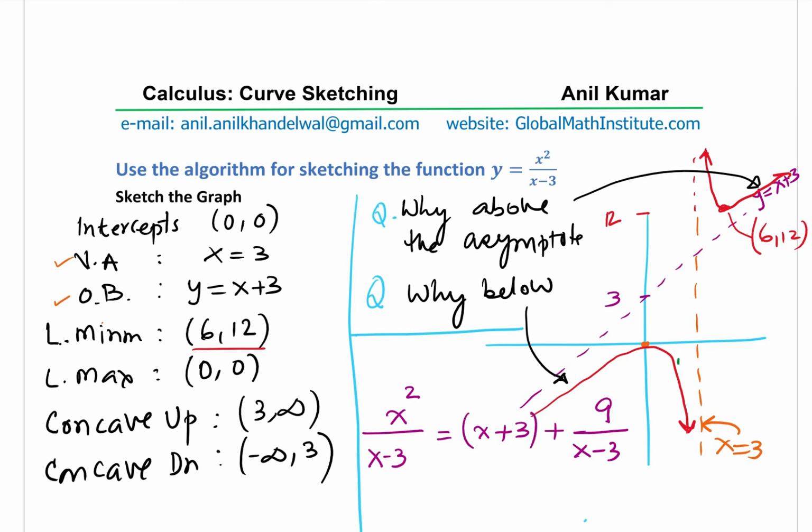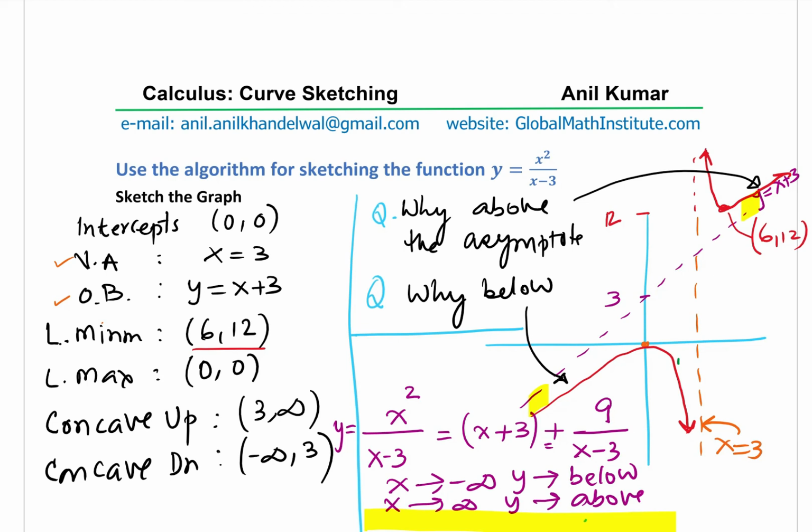Now if x is approaching negative infinity, in that case the function, let's call this y, is approaching; this value is negative, right? From below. If x is approaching positive infinity, then y is approaching from above since we are adding something to it. Is that clear to you? So this is a very important concept which you need to take care of when you are sketching this part.